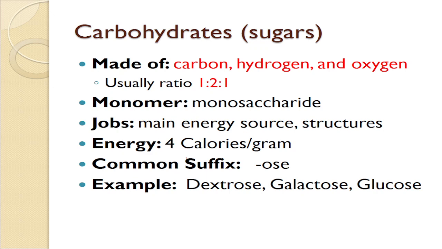If you do calorimetry to test how much energy a gram of monosaccharide contains, it will yield 4 calories. You will see a lot of them with the suffix -ose. Examples are sucrose, dextrose, galactose, and glucose.